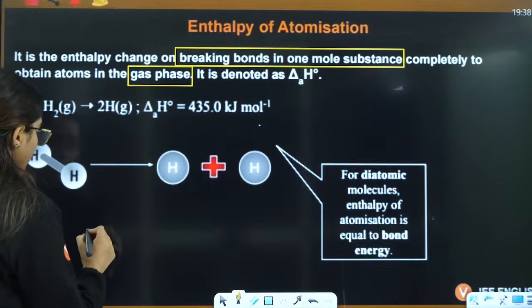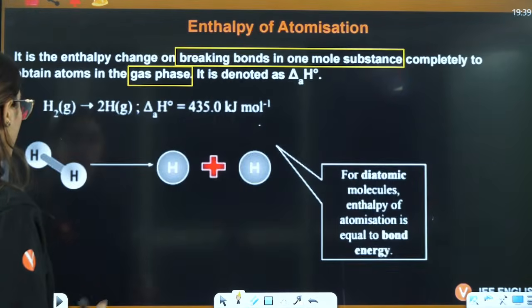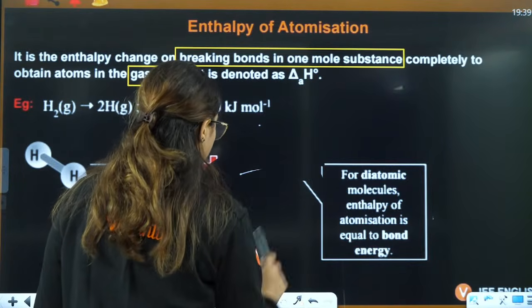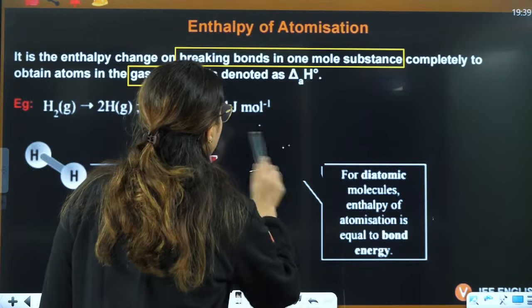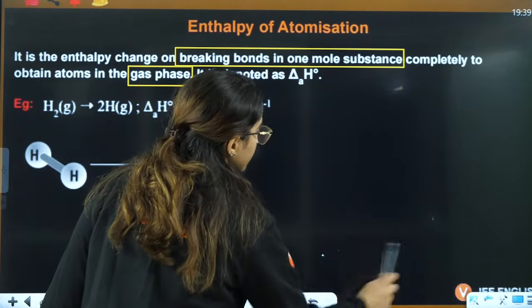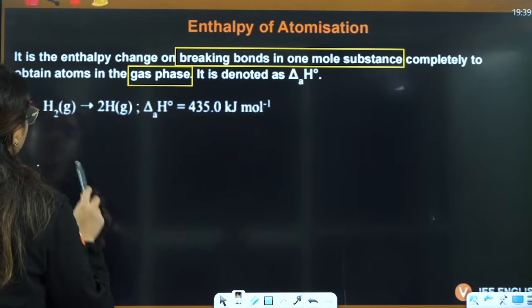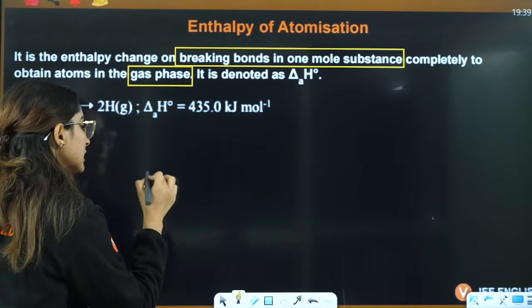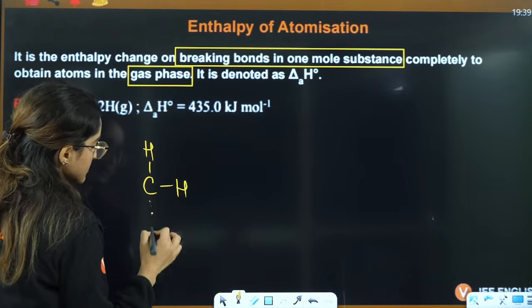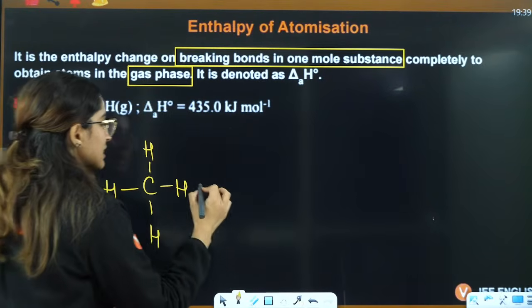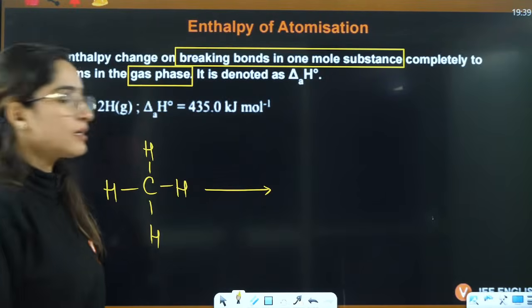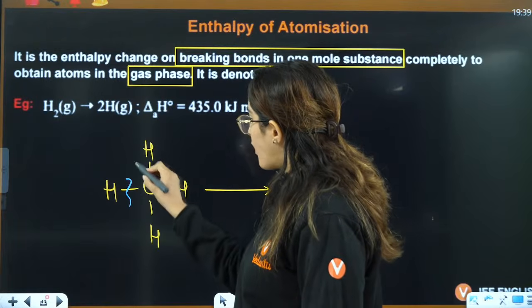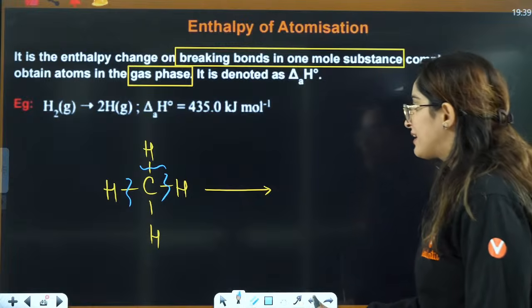For example, I'll give you one more example here. If I write CH4, now in this case, the enthalpy of this particular reaction to break these 4 bonds is called the bond dissociation enthalpy.